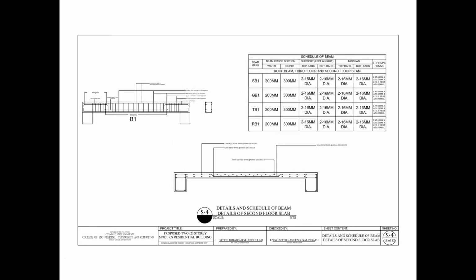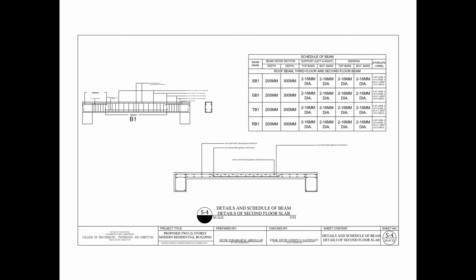The next one is the details and schedule of beam and details of second floor slab. As shown in the picture, for the B1 or beam 1, it has a dimension of 0.2 meter by 0.3 meter, and details of it are indicated in the picture. The same goes for the second floor slab, where I've indicated some details.